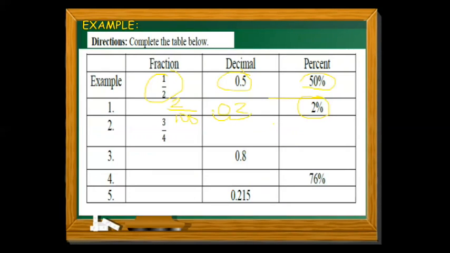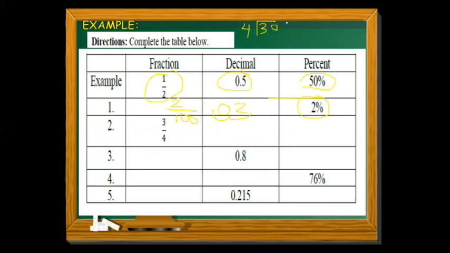Yan ang sagot na. And then, let's try this one, 3/4. So how to change it to decimal? So we will divide 3 divided by 4. Ayan. 3 divide 4 cannot be, so we will add decimal point and 0.